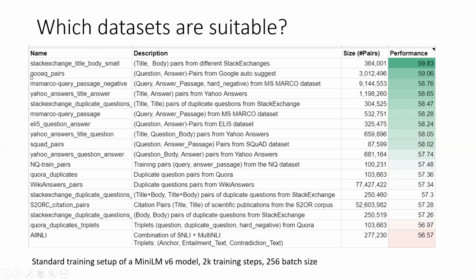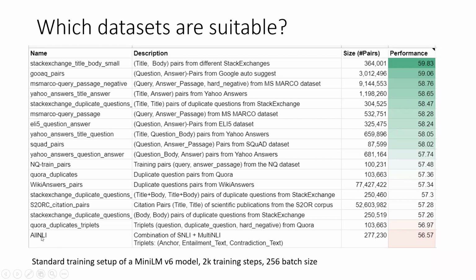Then the GUAQ dataset from LNII, they mined question answer pairs from Google Autosuggest, also gets really good performance. The MS Marco is queries from Bing with the answer passage and a hard negative passage, also gets really good results. And then we have Yahoo Answers getting good questions. And then slowly when we go down, we see that the performance drops.